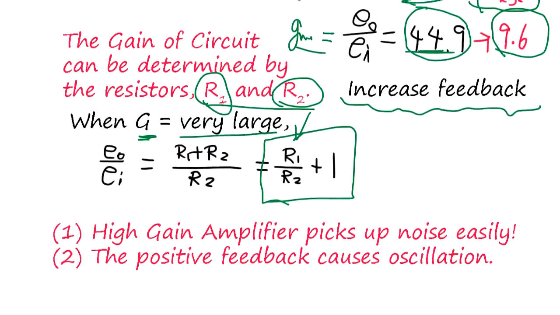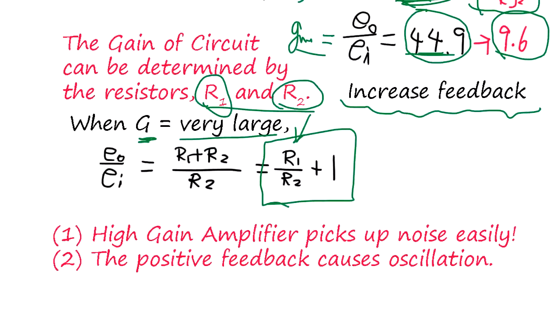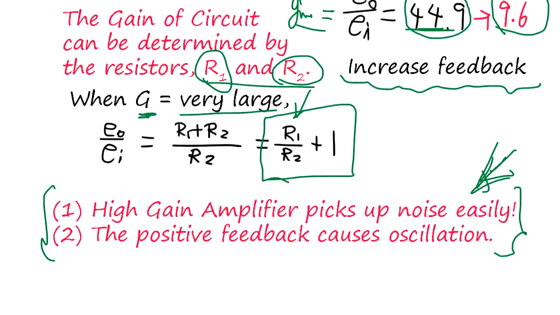Okay. A high gain amplifier picks up noise easily, so sometimes you reduce the gain at the noise critical area. The positive feedback causes oscillation. So these are the regular analog design considerations, even without a chip.